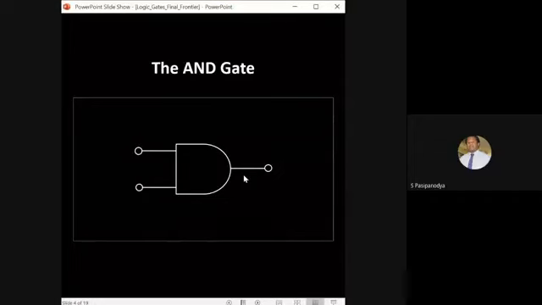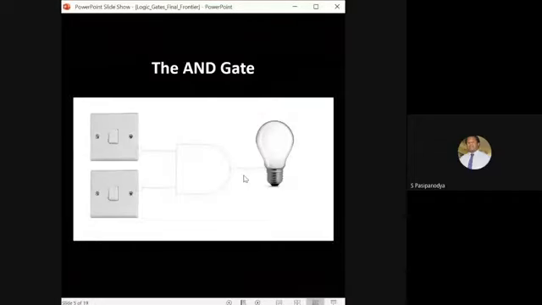So an AND gate by nature functions in such a way that if the value of either one of these inputs is false, the output also becomes false.